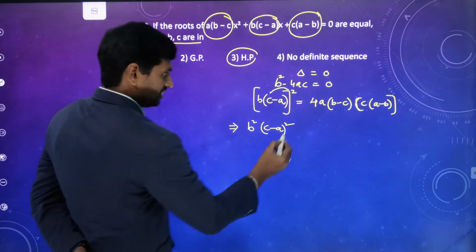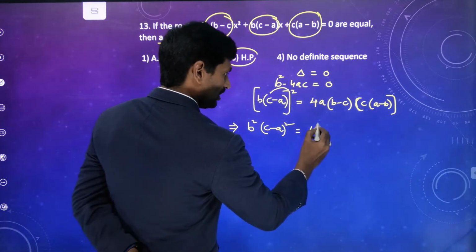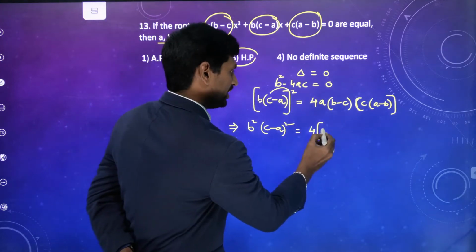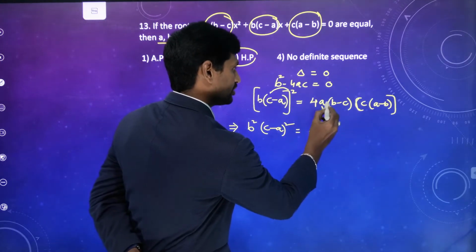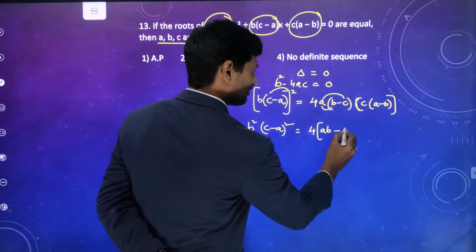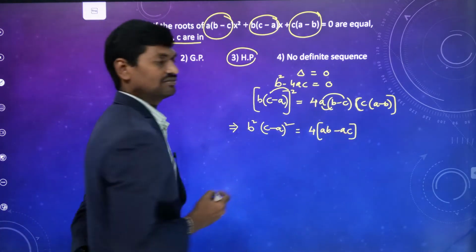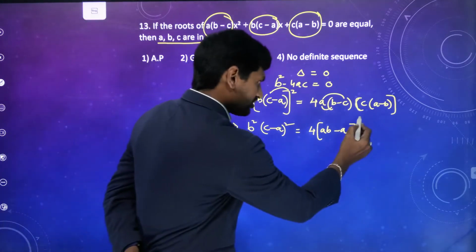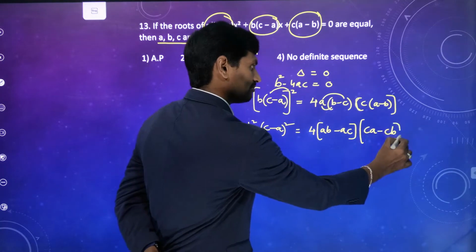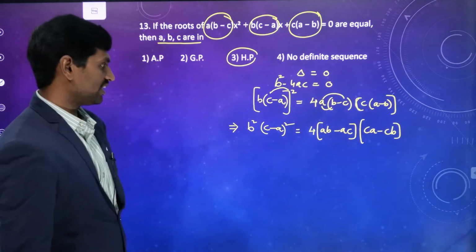Okay, na? Here also I am just multiplying with this. A into B, AB, like the distributive property. A into C, AC, and the middle minus symbol, AB minus AC. Here also C into A, CA minus CB. Okay, na?